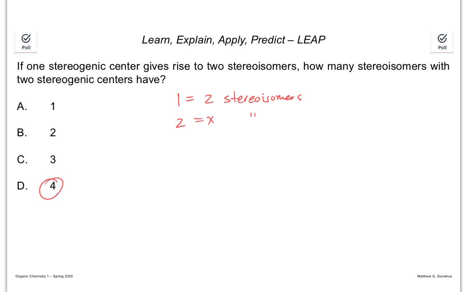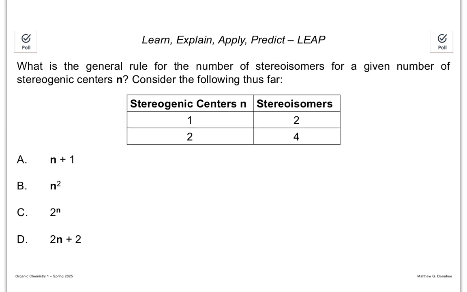And so we'll see why that is coming up. So what's the rule then? The number of stereoisomers for a given number of stereogenic centers, N. So you have your stereogenic centers, N. This is the resultant number of stereoisomers.